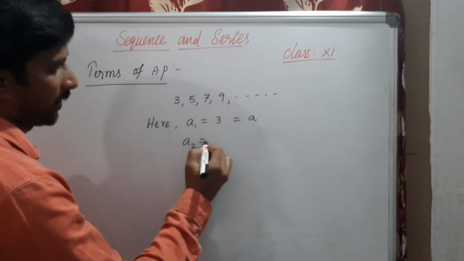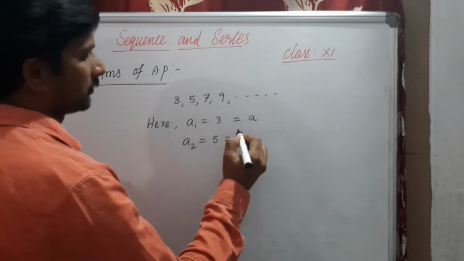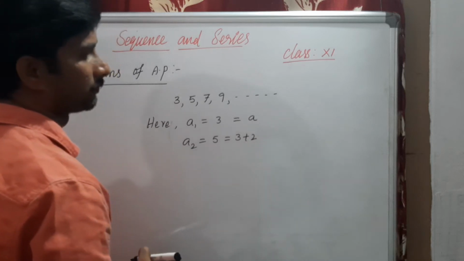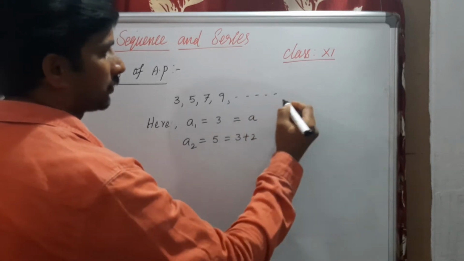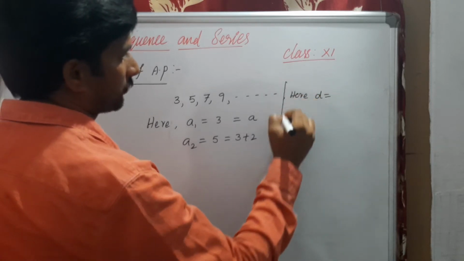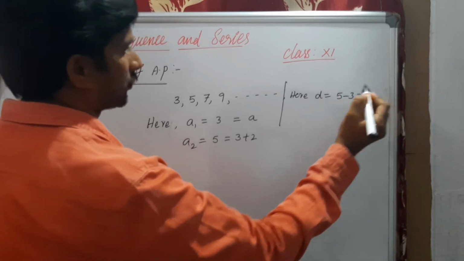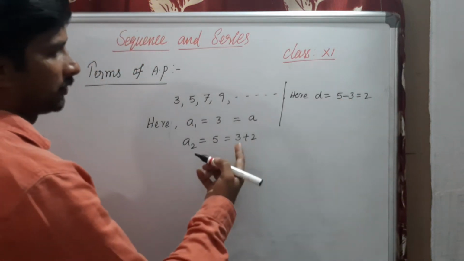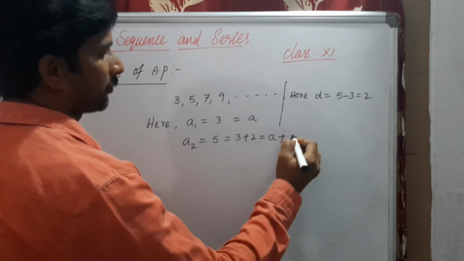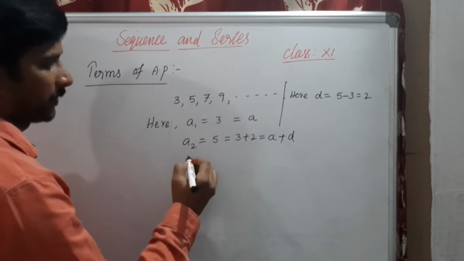A2 is equal to 5, this 5 can be written as 3 plus 2. Here d is equal to how much? 5 minus 3, that is equal to 2. Now this 3 is nothing but the small a value and 2 is nothing but the small d value. So a plus d is the second term of the AP.